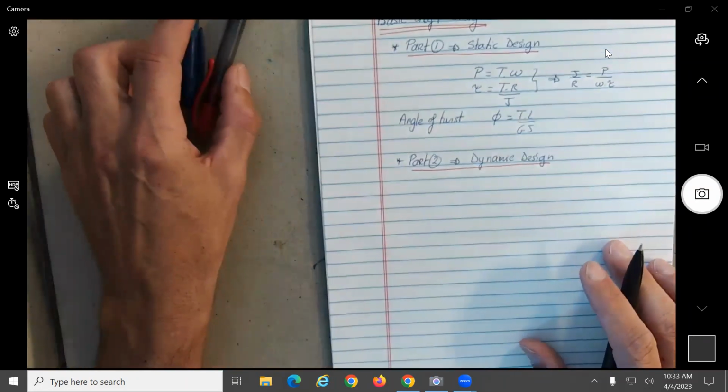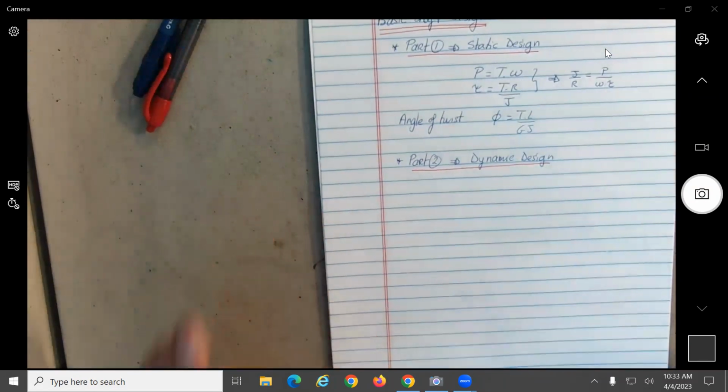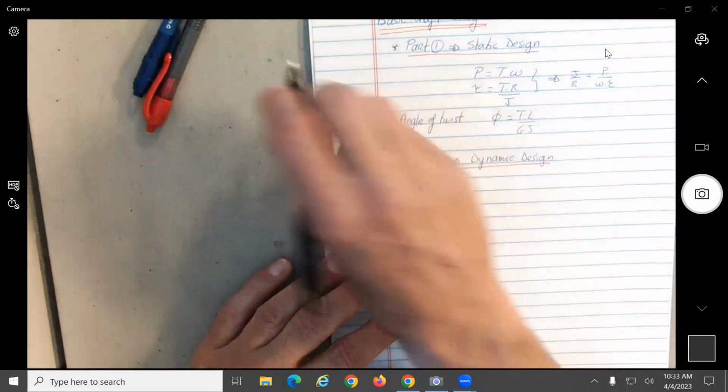Now you know that this is just for the basic amount of torque, and this is pretty static. But now the shaft will be moving, so it will be dynamic, changing as a function of time. So we're going to do the simplest case first, case one.